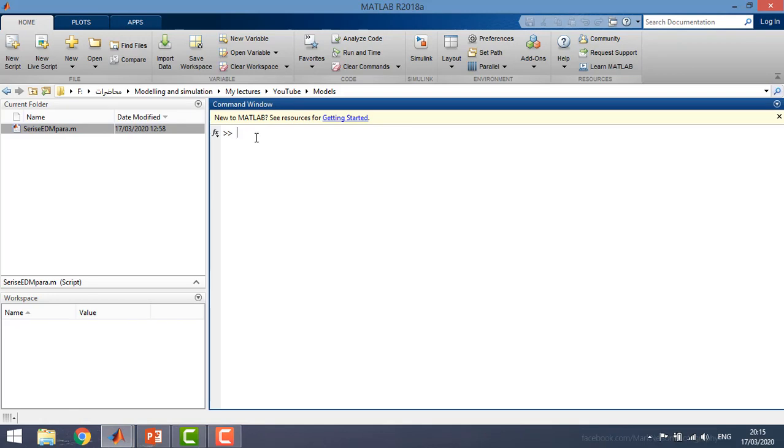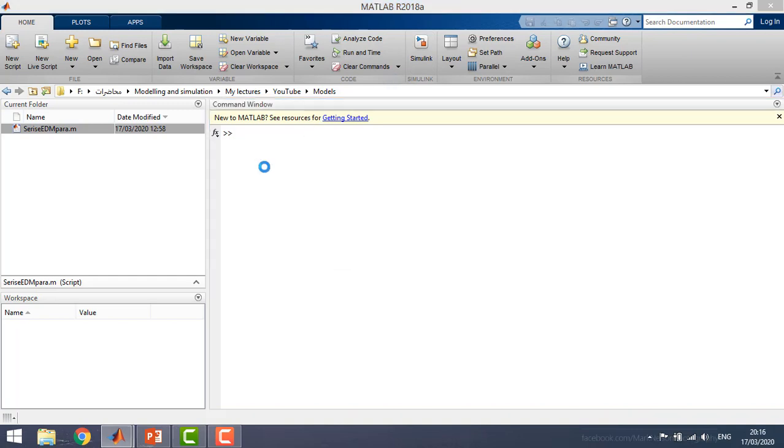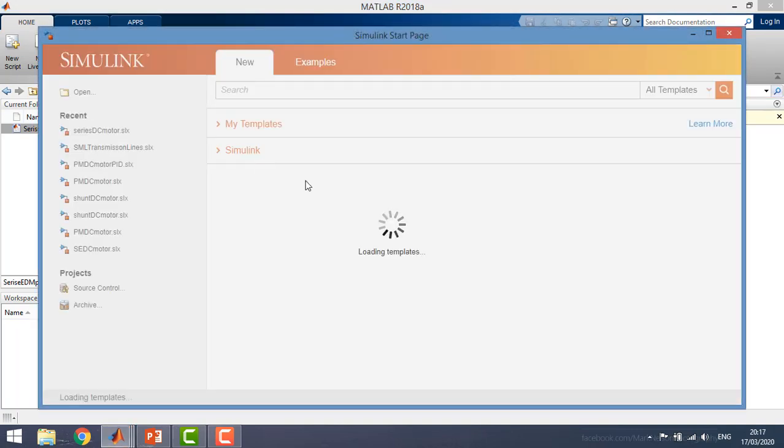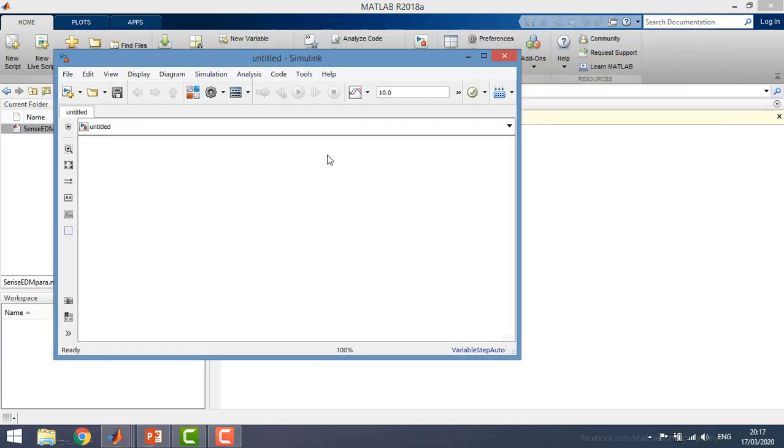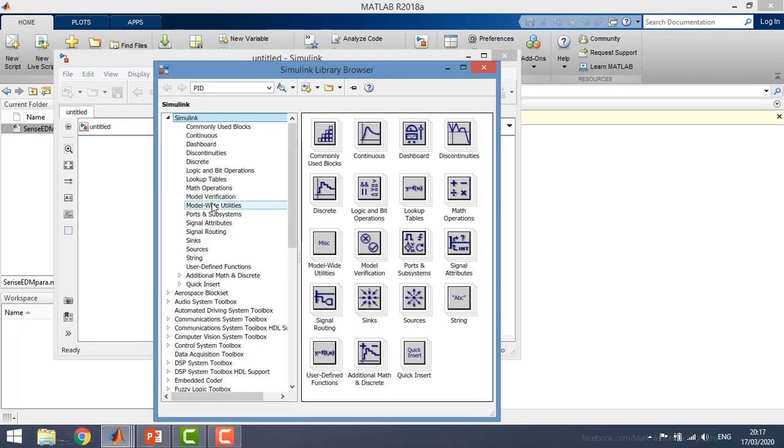Now we can start Simulink by either writing Simulink in the command window or just clicking the Simulink button from here. Okay, so we're using a new model and we are calling the Simulink library from the library browser.